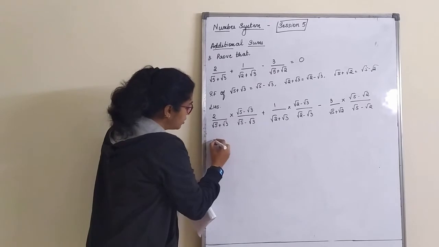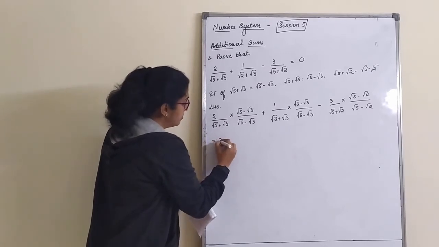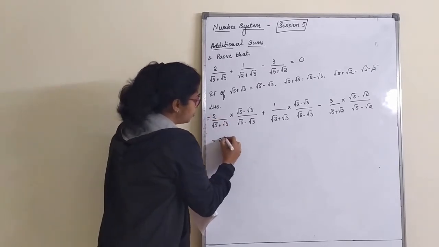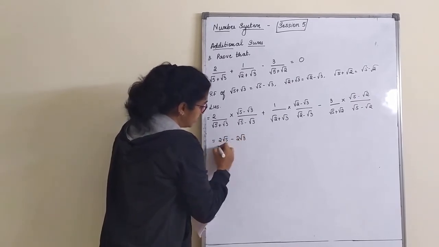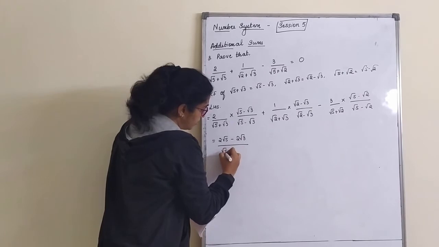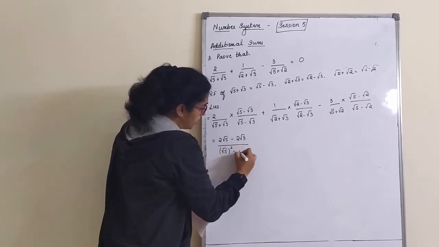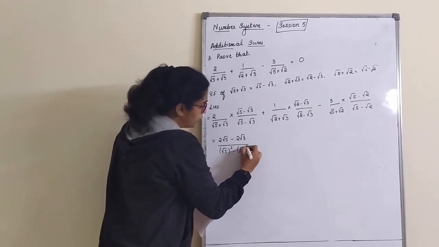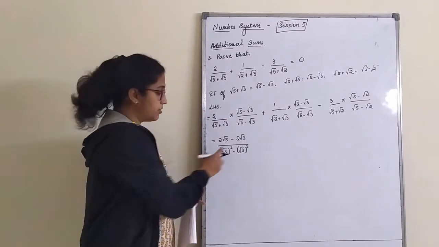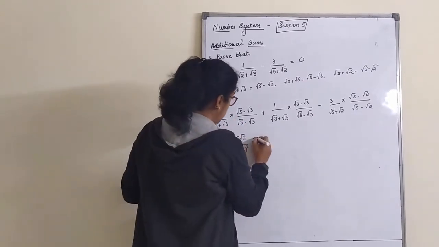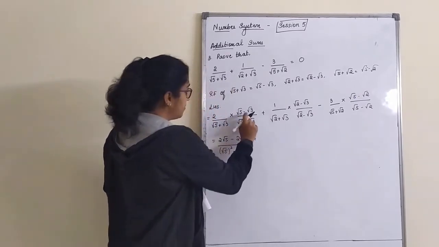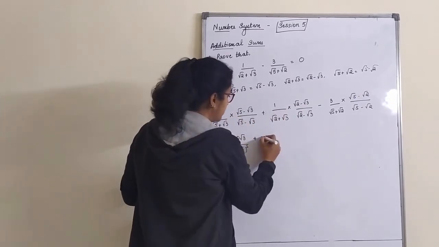So when you multiply this, what do you get? 2 root 5, directly I am doing this, minus 2 root 3 divided by root 5 square minus root 3 square. Do not try to skip the steps. At least you show in one step that a square minus b square, plus 2 root 5 minus 2 root 3. Here into 1 it is.